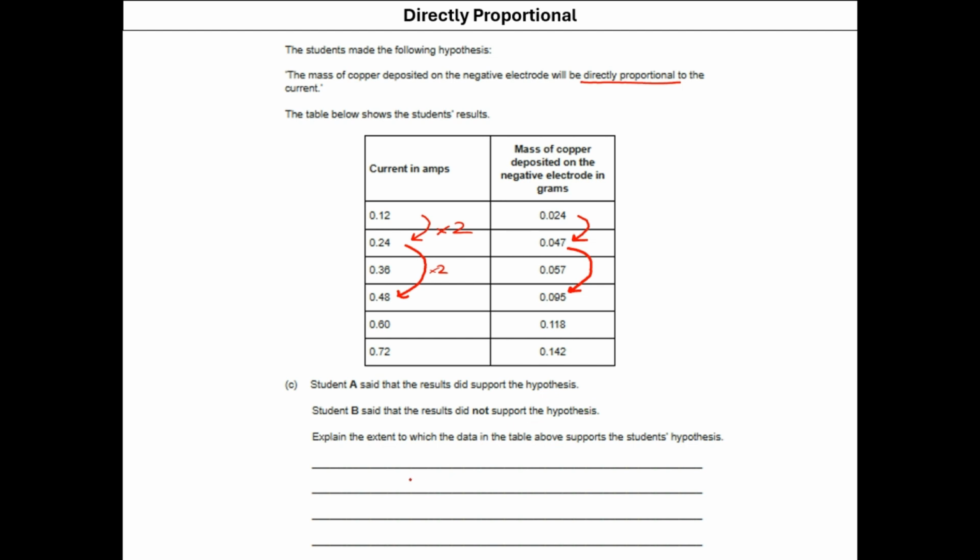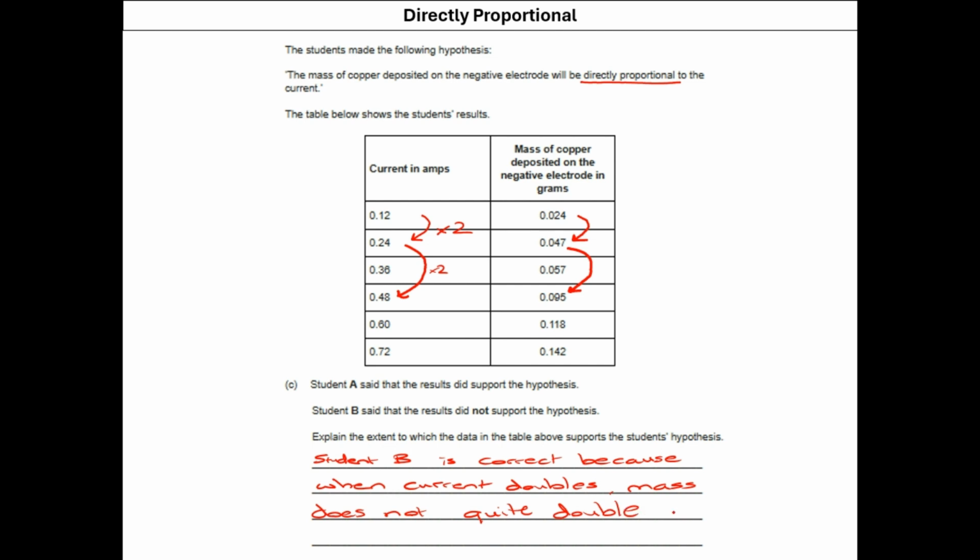But that's how I check. So I would say student B is correct because when current doubles, mass does not quite double.